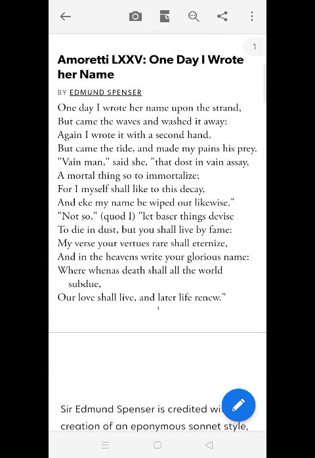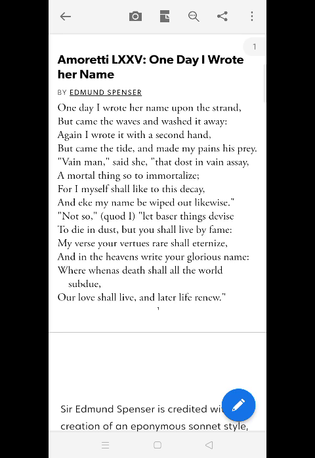This is a lyric sonnet, a love sonnet, which is broken up into 4 parts with a couplet. And here the poet speaks of his attempts to immortalize the woman he loves by writing her name in the sand.